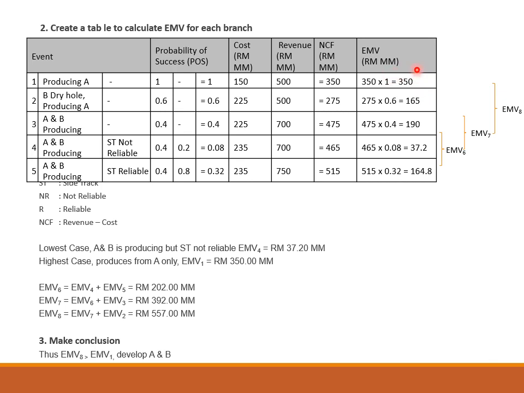All right, but to make a conclusion whether to produce just A or both A and B, then you compare between EMV8 and EMV1. So after calculation, EMV8 is 557 million ringgit, compared to 250 million ringgit. Therefore, you will choose to develop A and B because EMV8 is greater than EMV1.